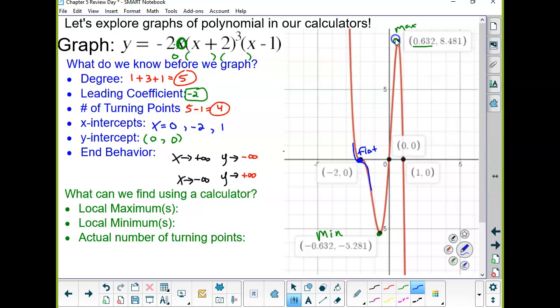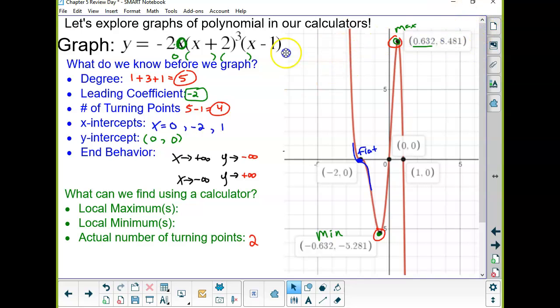And then how many turning points do we actually have? Well, we thought we were going to have 4, but my graph only has 2. 2 actual turning points. So that's just something unique that came up.